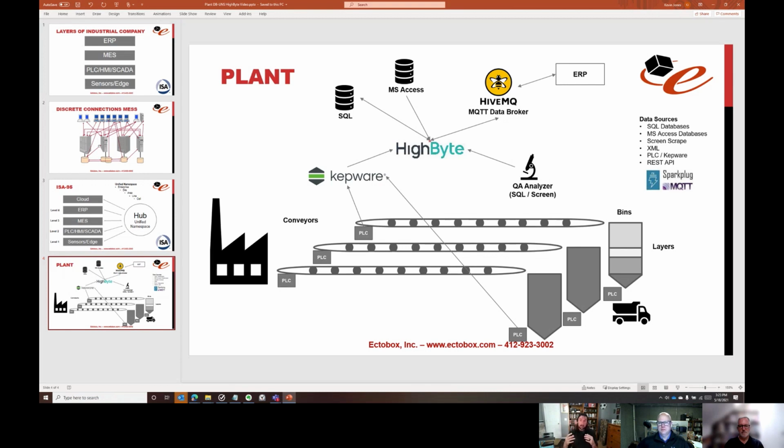HighByte can model it, can join the pieces together that need to be joined, build these beautiful models, and then push it into your unified namespace, into your HiveMQ, so that everyone in the company and all the other systems can have access to the data. They'll know when it changes, and they'll have good modeled data, not just raw data straight from the PLCs.